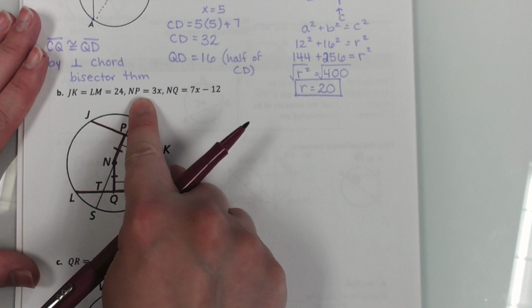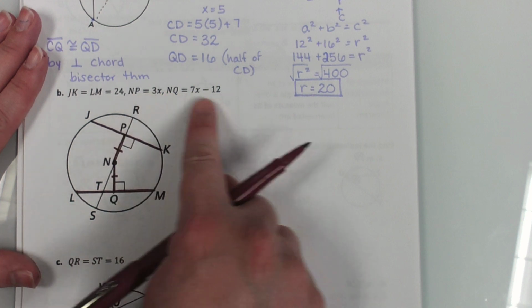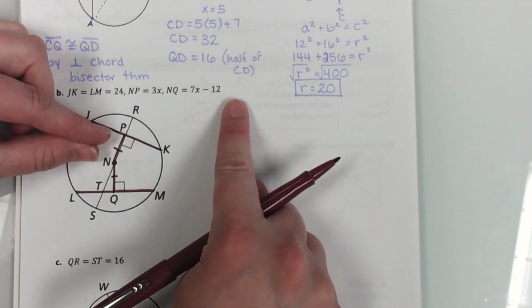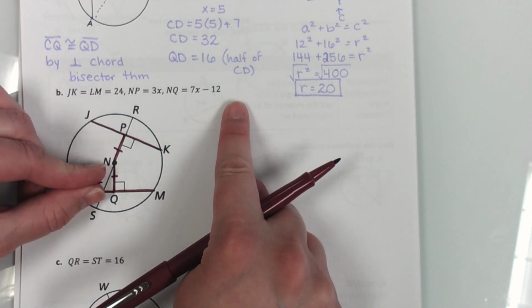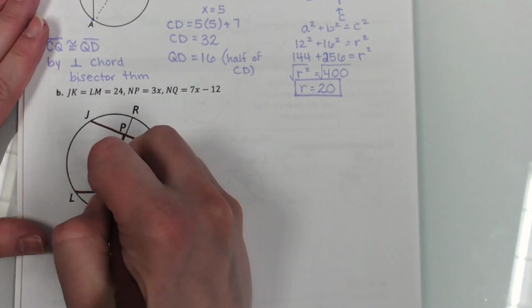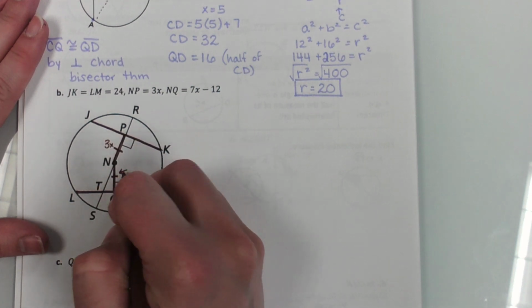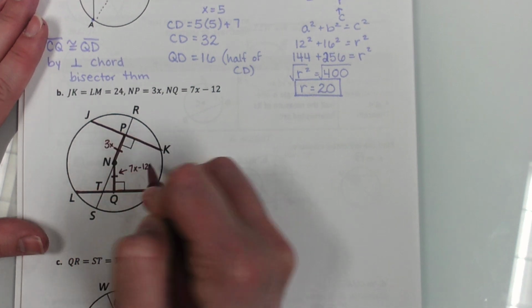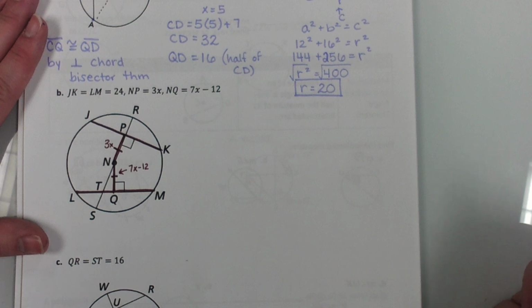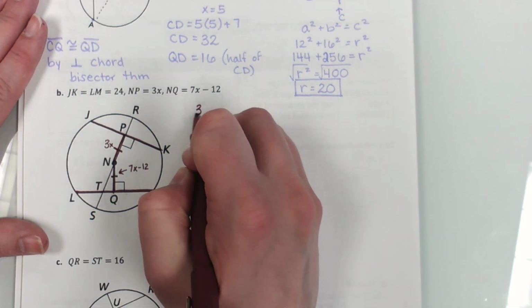Hey, isn't that the things they gave me expressions for, though? NP and NQ. That was 3x. That was 7x minus 12. And if those are the same or congruent, I can set them equal.